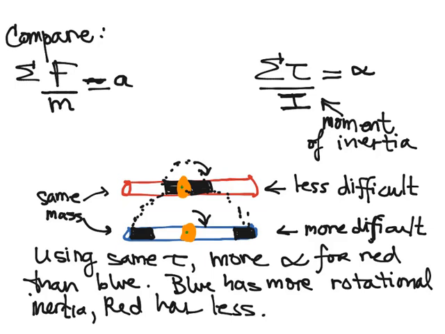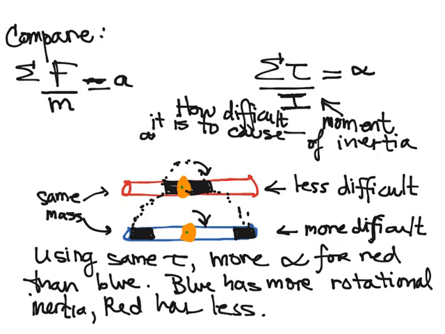Okay, so without giving you a formula, I'm going to do that in a little bit, but basically the definition of moment of inertia is how difficult it is to cause angular acceleration of an object.